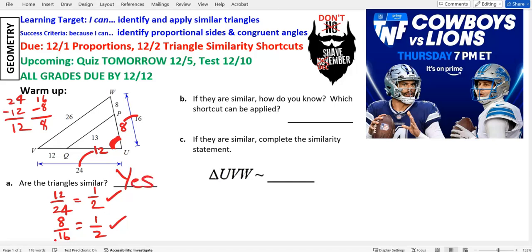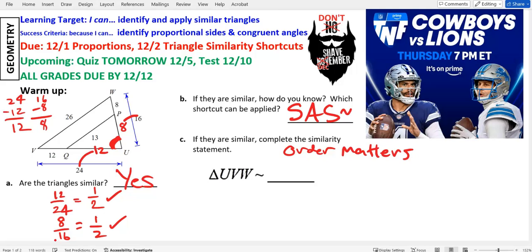What was the shortcut we know? Proportional side, congruent angle, proportional side is SAS similarity. SAS, side angle side, similarity. Two proportional side pairs and one included congruent angle. Now, if they're similar, then don't forget order matters.